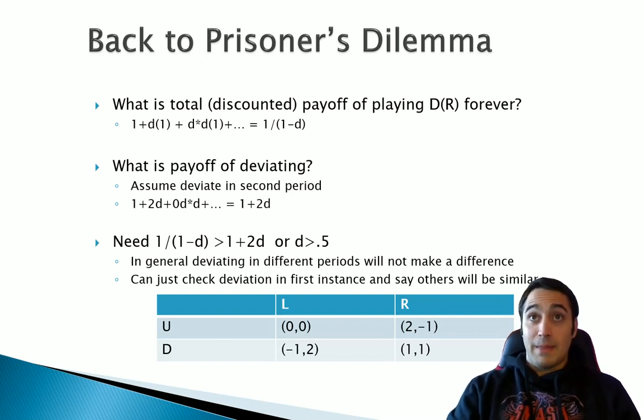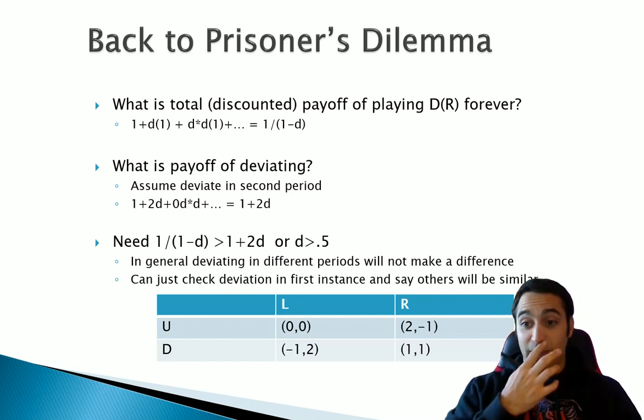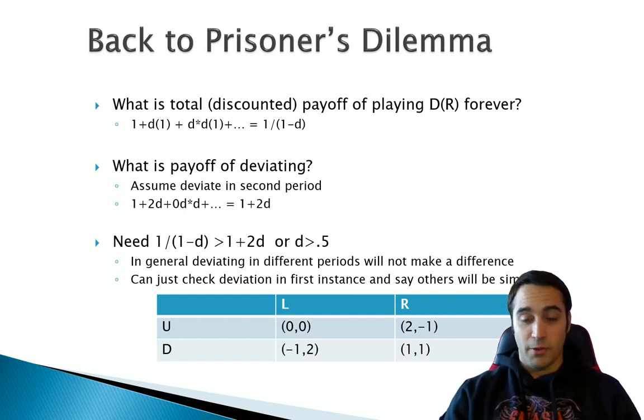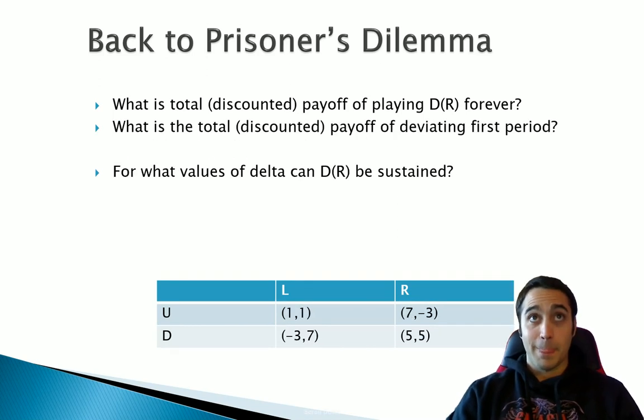So the important thing is, if we ever were going to want to deviate, it'd be best to do it in the first period. So check the first period, and ignore all other instances where maybe I deviated the 1,100th time I played this or some other weird thing.